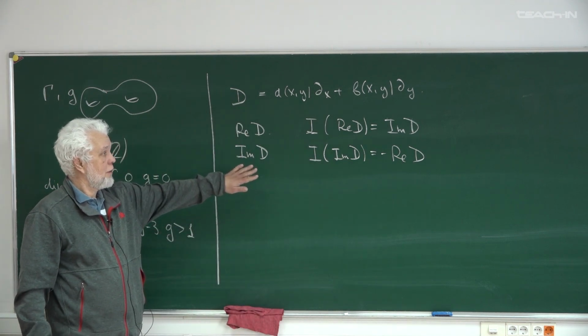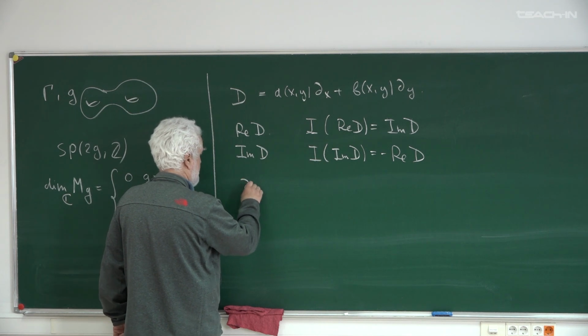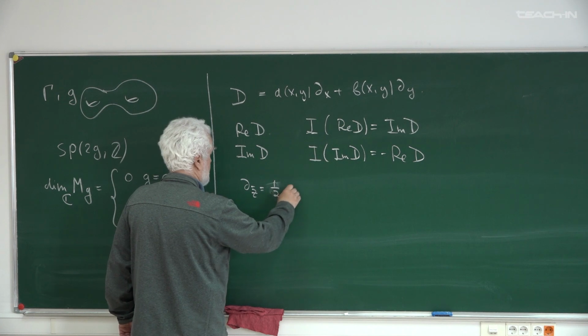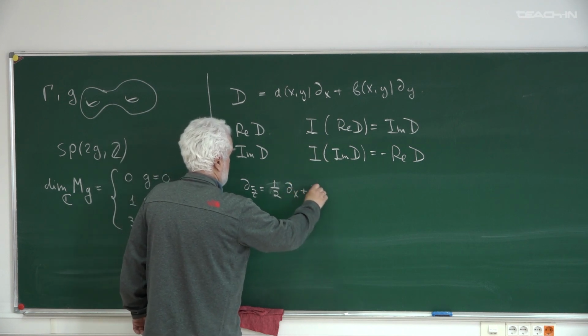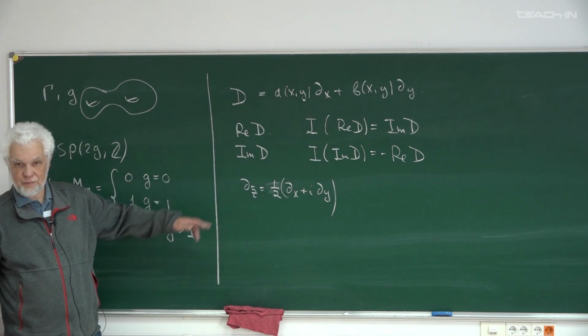For example, the simplest example, the operator d z bar, which is one half of d x plus i d y. What do we have in this case?